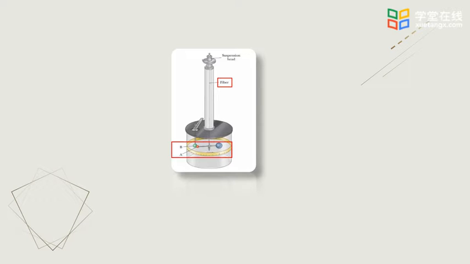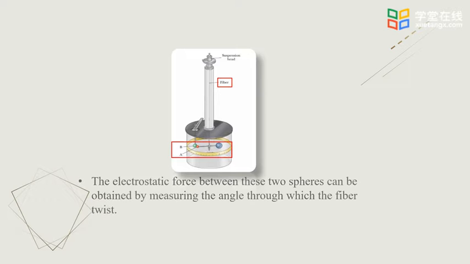This angle is proportional to the restoring torque of the twisted fiber. So the electrostatic force between these two spheres can be obtained by measuring the angle. Since these two small spheres are treated as particles, the experimental result could be applied to the point charges.